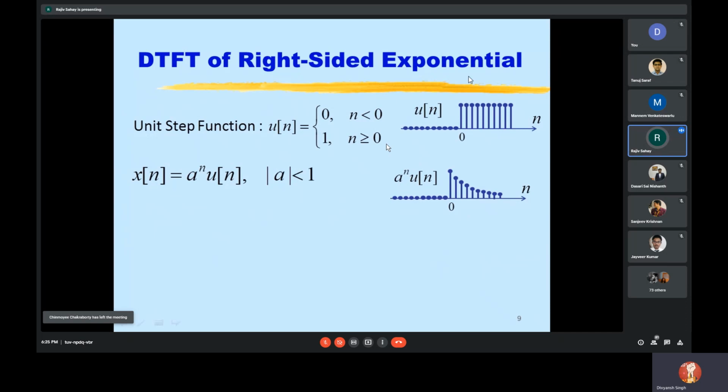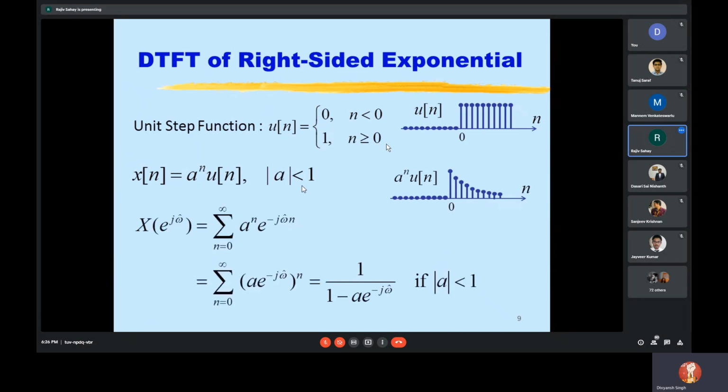DTFT of a right-sided exponential. So this is the problem, and therefore we put the condition mod of a is less than 1. So we can only find the DTFT of a decaying exponential. We cannot find the DTFT of a growing exponential. To find the DTFT, you can use the geometric series, the infinite geometric series from 0 to infinity.